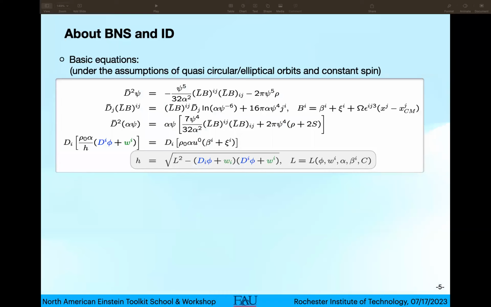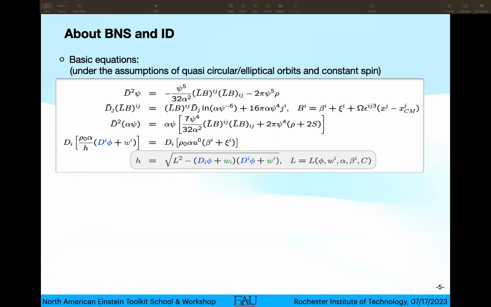I was very happy to hear the first talk today, because there was an introduction about the initial data construction. Now I'm not going to explain anything except to present that there is a set of equations.